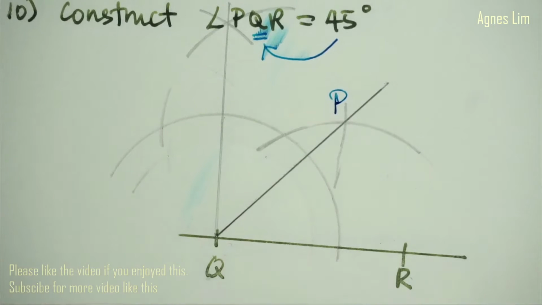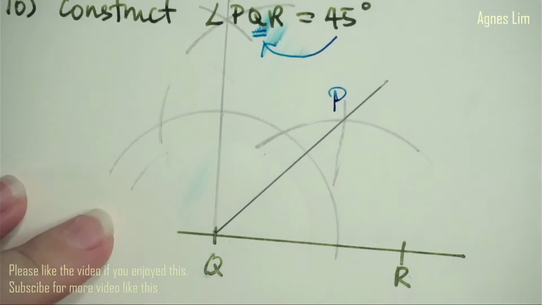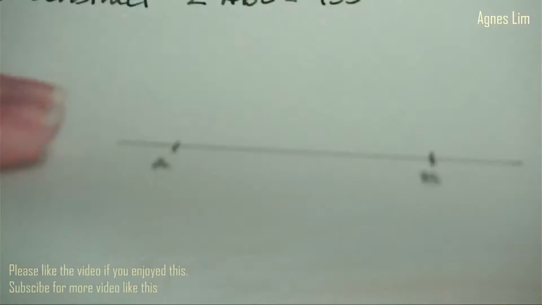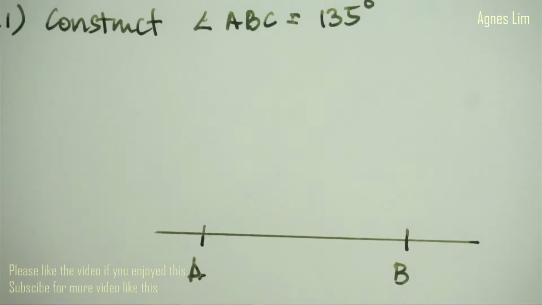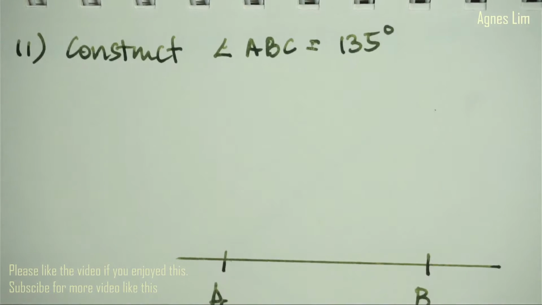Alright, so we have done construction for 60, 120, 90 degree, 30 degree, and 45 degree. Okay, those are singular. Now what happens when we need to construct a big angle? Now I'm going to give you a few seconds to think.